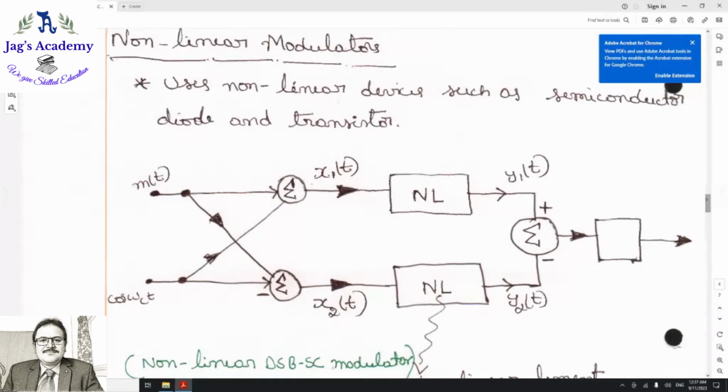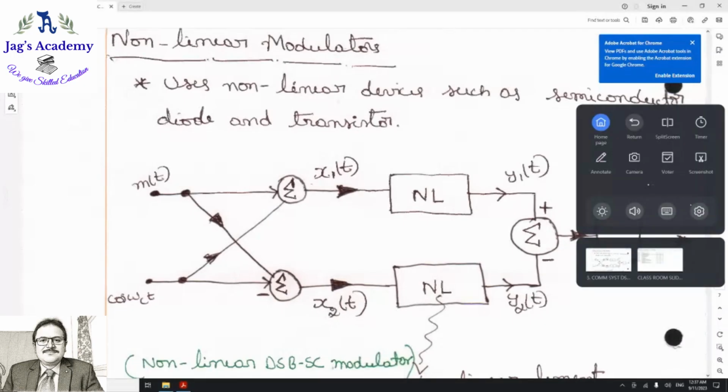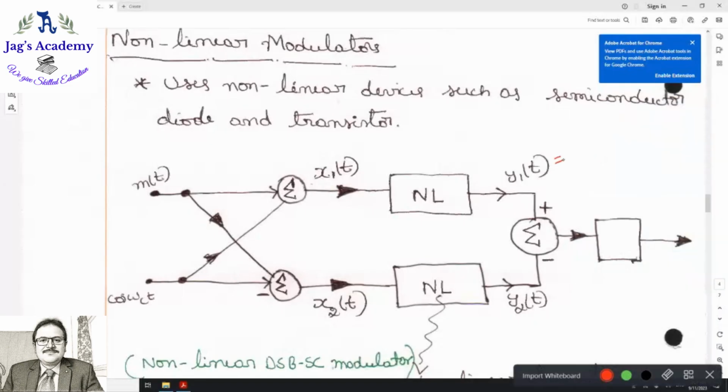What is y1 of t? Come on, see, simple derivation, don't expect me to do everything on that. a into x1 of t plus b into x1 square of t, right? What is y2 of t? Same x2 of t, right? So a into x2 of t plus b into x2 square of t, right? Now, what are x1 of t and x2 of t?